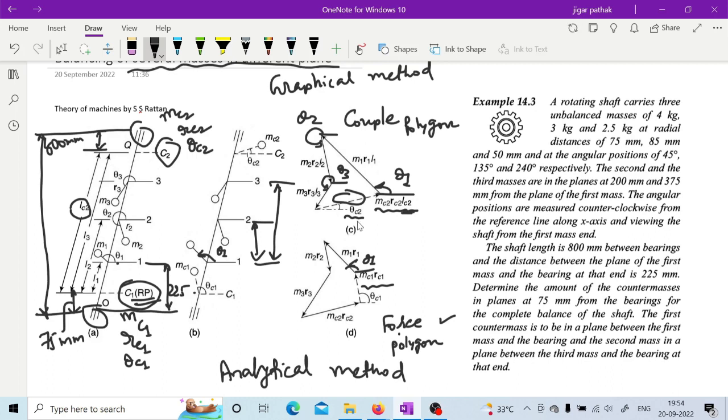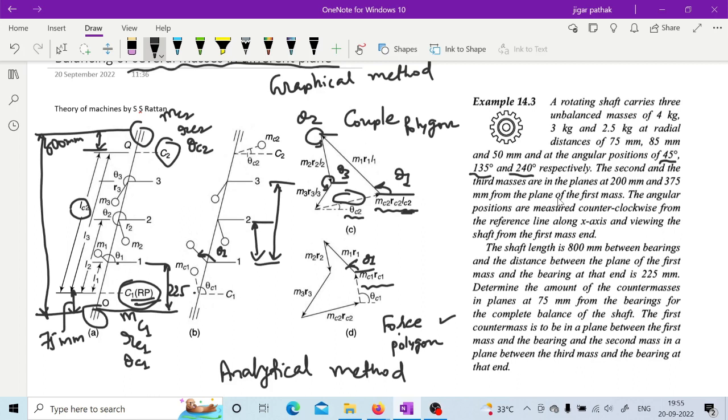Which one would be the proper direction? See, that is given here clearly: the angles theta 1, theta 2 and theta 3. You have to measure them with your instrument and, according to that, draw the magnitude of the vector along each direction, one by one. You need to be careful while drawing this diagram. The angle must be correct, because if the angle is not correct, then you will not get the right answer.